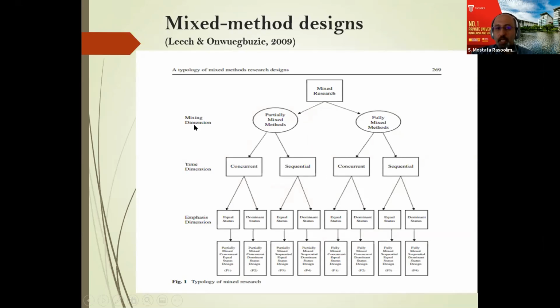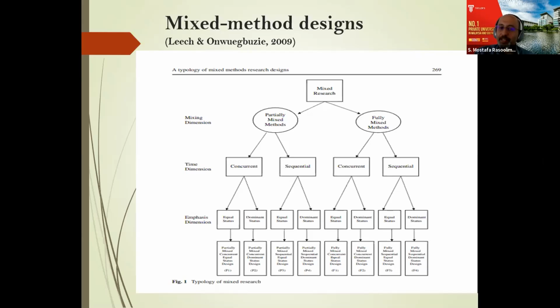So for mixed method design, we have mixing level, the mixing dimension. So it's partially or fully. In the second layer, you can see the time dimension. So for partially, you have concurrent and sequential. For fully, you have concurrent and sequential.